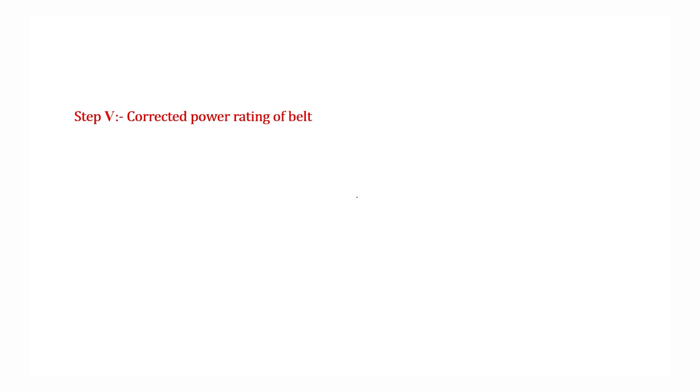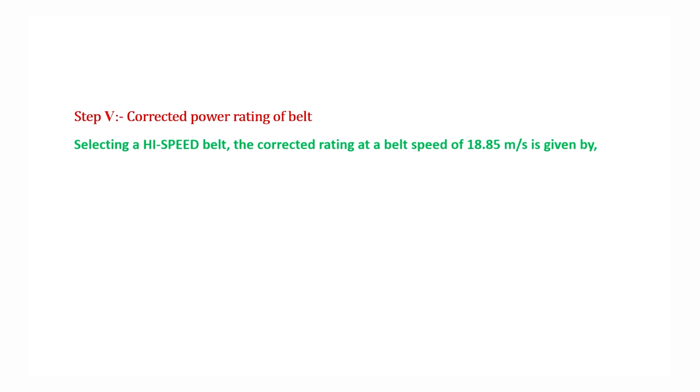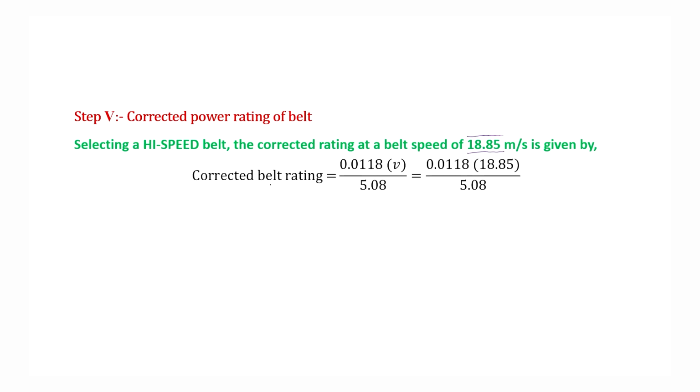So selecting a high speed belt, the corrected rating at a belt speed of 18.85, which was obtained in the previous step, is this. In this formula we will substitute the value of V, and so it is equal to 0.0438 kilowatt.